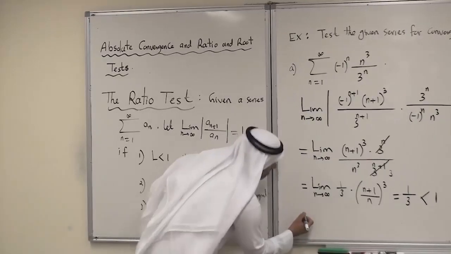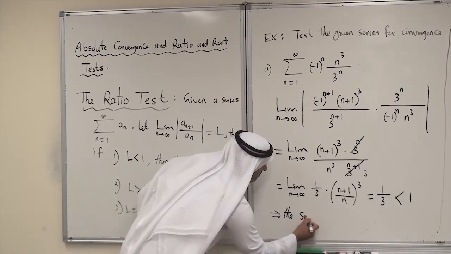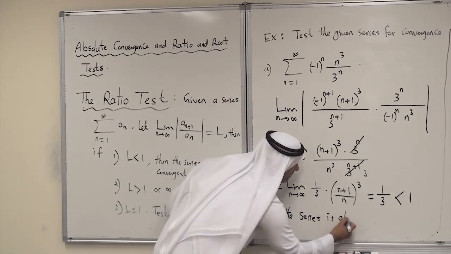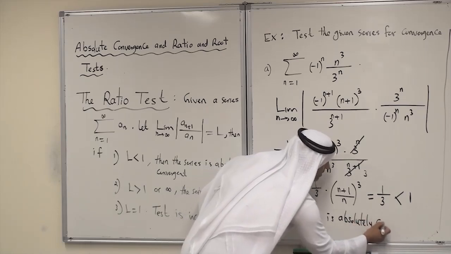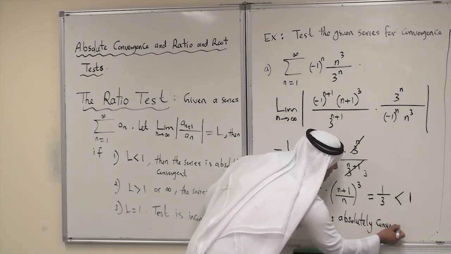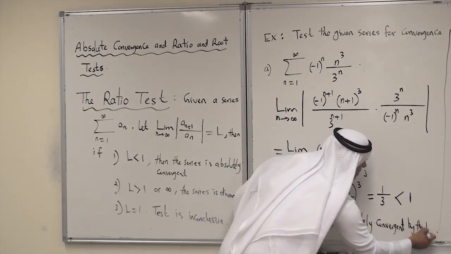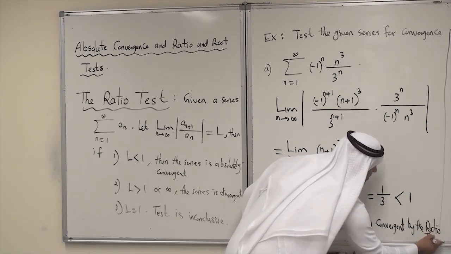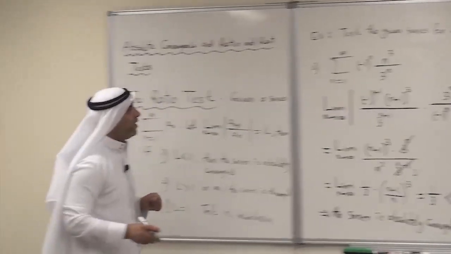So this implies the given series is absolutely convergent. The reason is the ratio test. So this is what we have. By the ratio test, it is absolutely convergent.